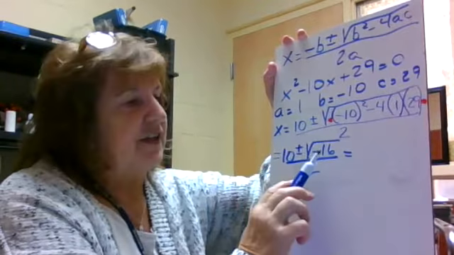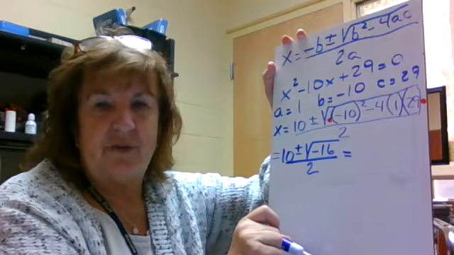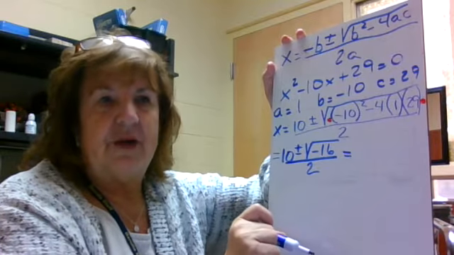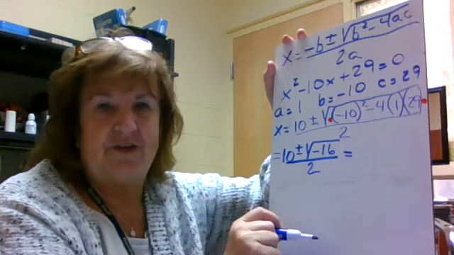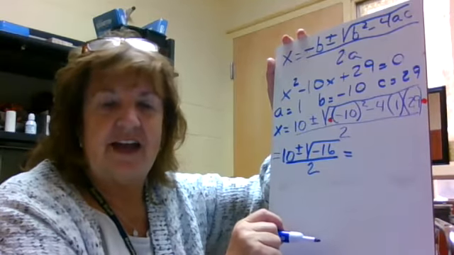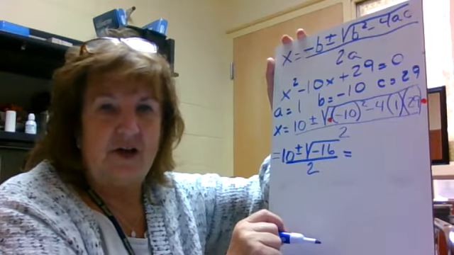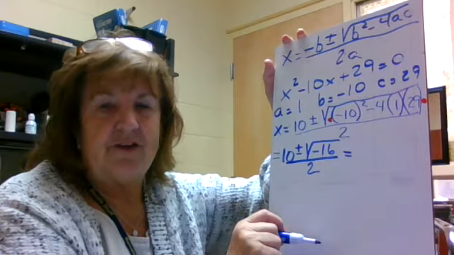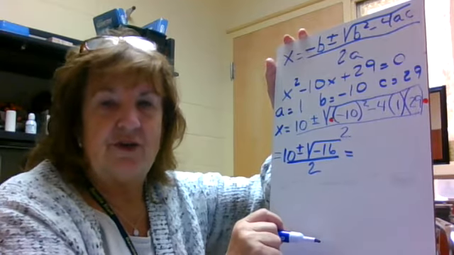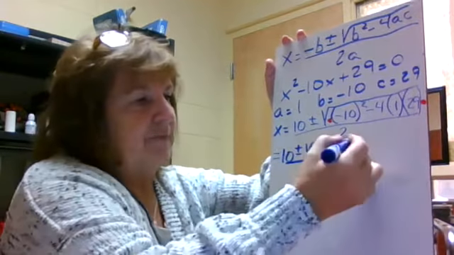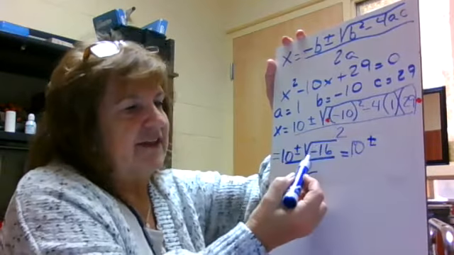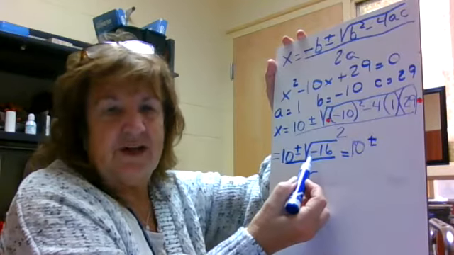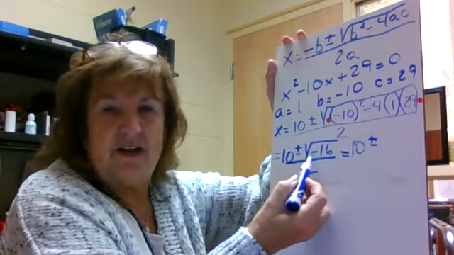Now you'll notice that we have a negative sign underneath the square root again. When we have a negative sign underneath the square root, it's one of those what I call weird answers. And it's weird because it has an I in it. It doesn't look like all of our other answers. So this is where I said you could do stuff in your head. This negative sign really means negative 1.